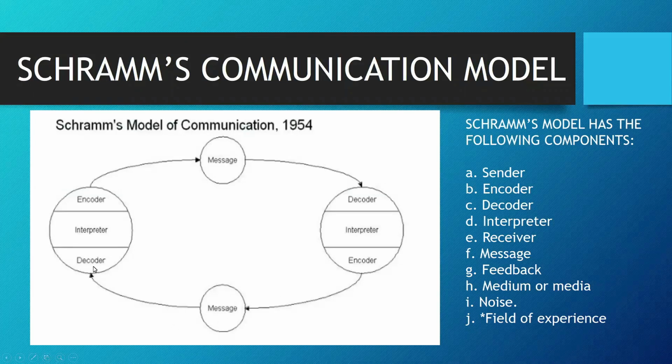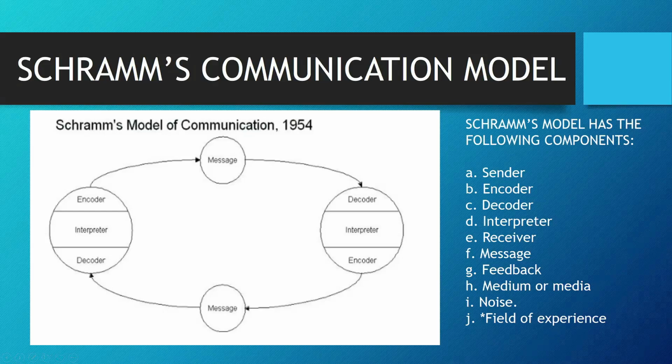But now the sender can be the receiver and the receiver can now be the sender. And of course, the process will continue, meaning the receiver and the sender can switch with each other as they continue to exchange the message. So that is Schramm's communication model.